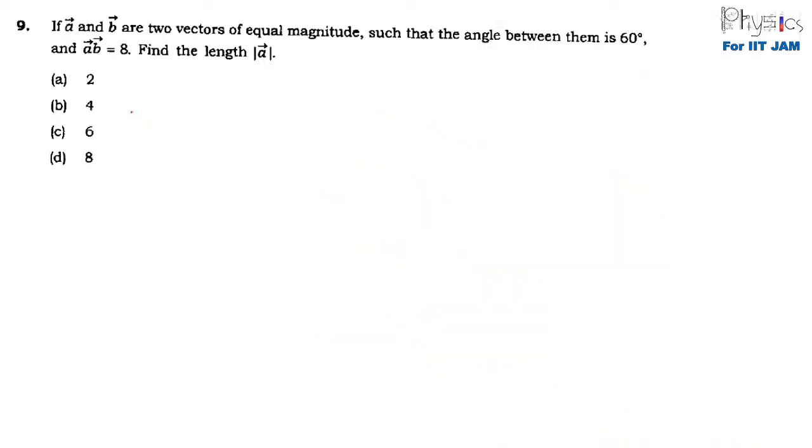Okay. So, this is our next problem. If vector A and vector B are two vectors of equal magnitude such that the angle between them is 60 degrees and A dot B equals 8, find the length, mod of vector A. Okay, so tell me, what is the answer for this question?